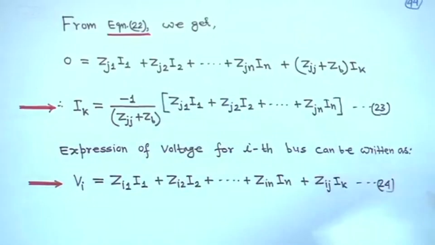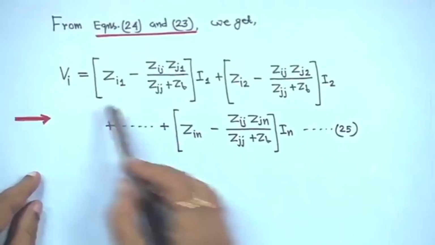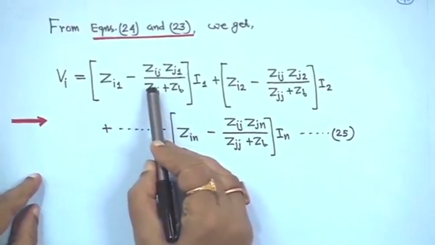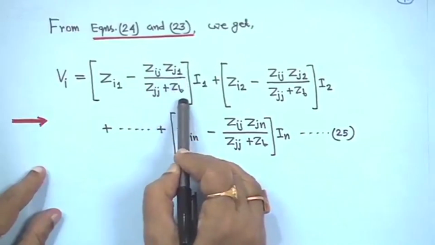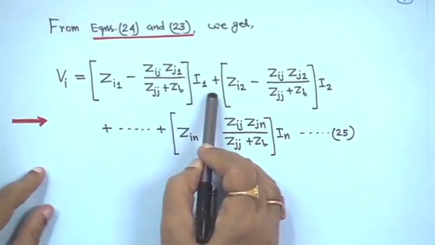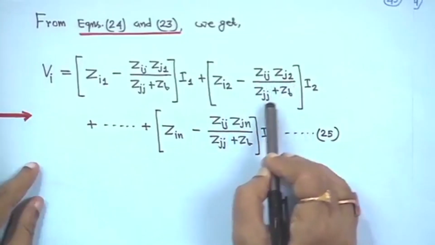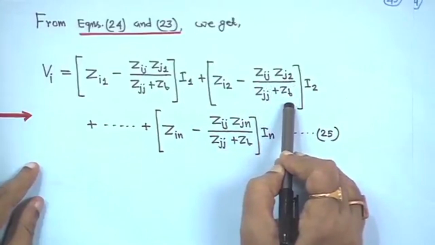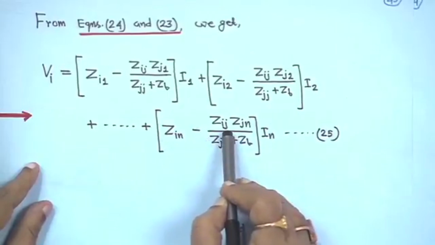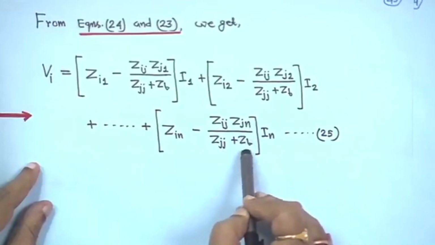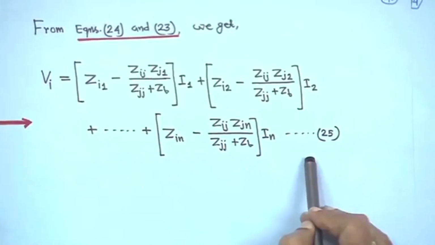Then you will get Vi is equal to Zi1 minus Zij Zj1 upon Zjj plus Zb into I1, plus Zi2 minus Zij into Zj2 divided by Zjj plus Zb into I2, up to the nth term, Zin minus Zij into Zjn upon Zjj plus Zb into In. This is equation 25, right.